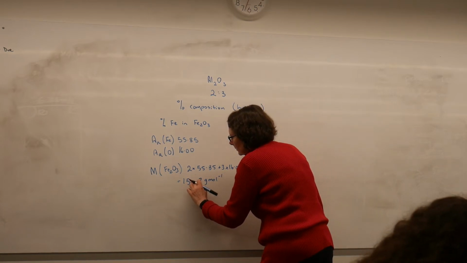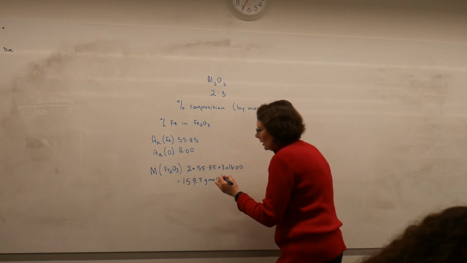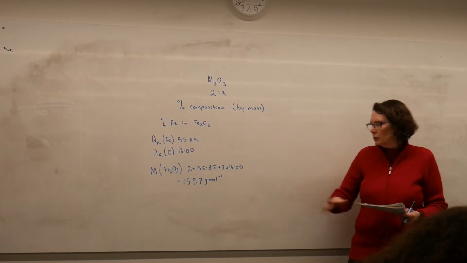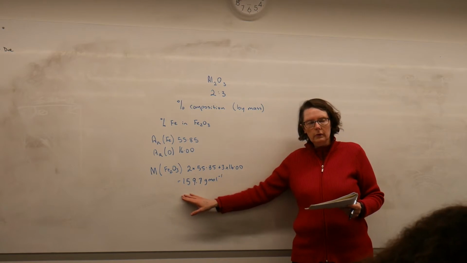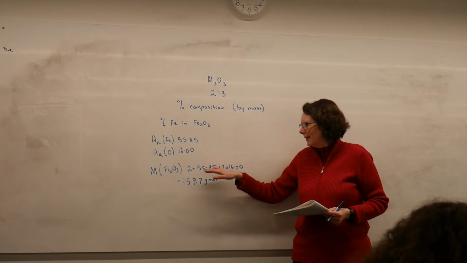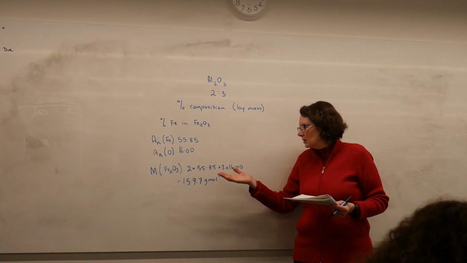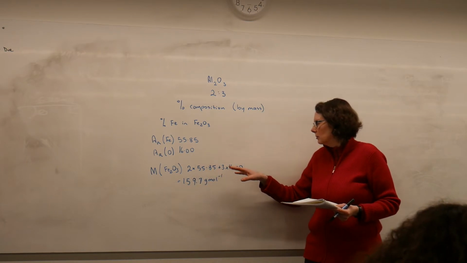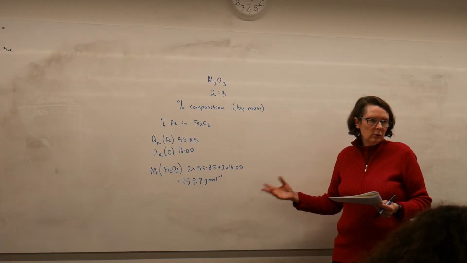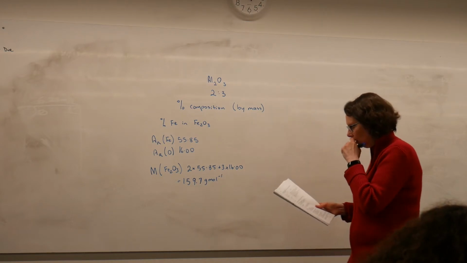Good idea at this stage in your calculations to look at the number you've come up with and look back and see, does it make sense? Iron is 55.85, so 2 of them is going to be around 112 or whatever. So yeah, that's looking like it should be about right. It's good to double check your calculations as you go along.